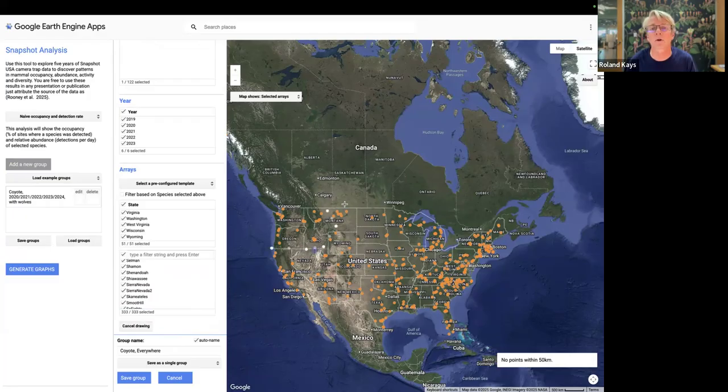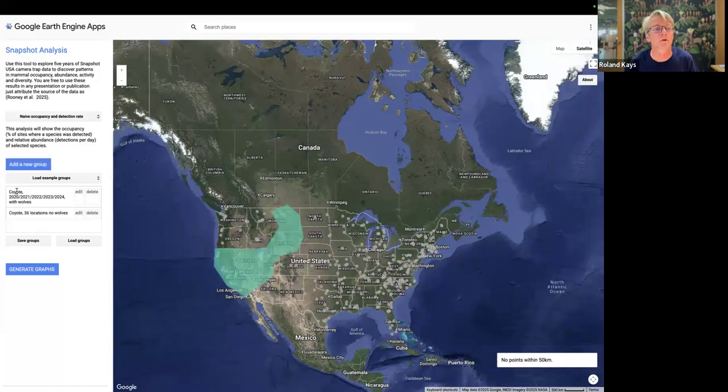So it's similar habitats, but we know these areas don't have wolves. Oh, part of Colorado has wolves now, so I'm going to skip those where those wolves are. And part of the Southwest has wolves, but we know these areas don't have wolves. And you could maybe do a little bit of a better job than I did with this one. But now we're going to say coyote locations, no wolves. Save as a single group, right?